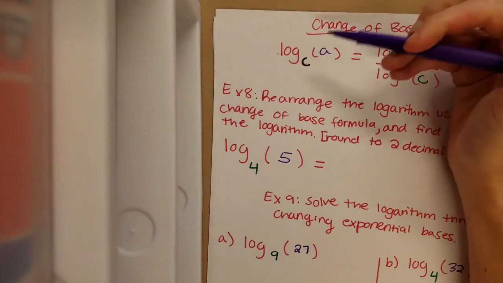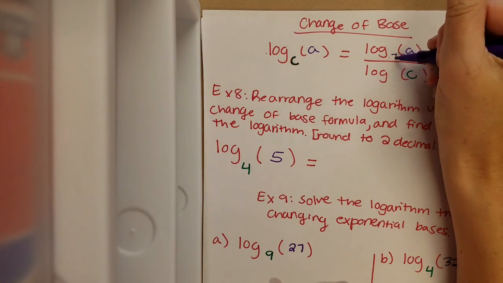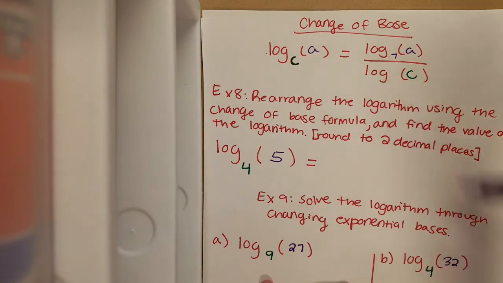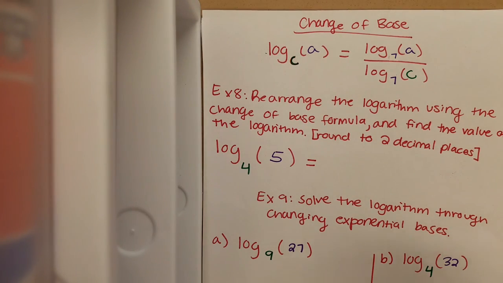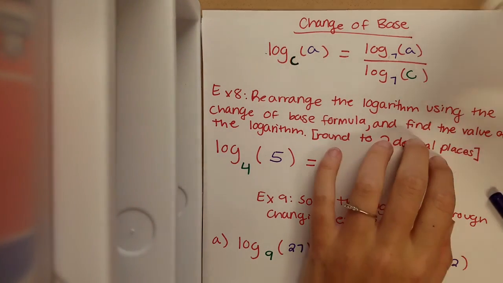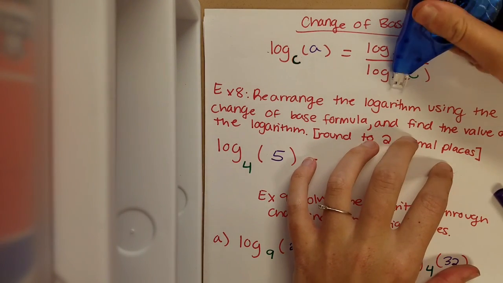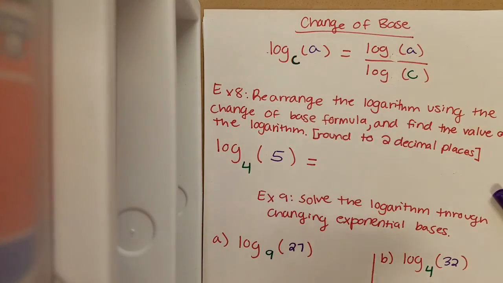All you would do is put A inside the log in the numerator, make it base 7, and then put the current base in the denominator, still using whatever base you're trying to change it to. But for our purposes, I'm showing you how to do this in the calculator with base 10, so I'm going to leave these off, because that is base 10 when you don't see a base.